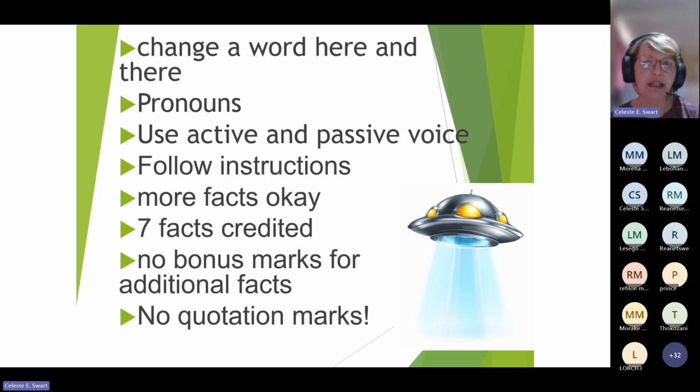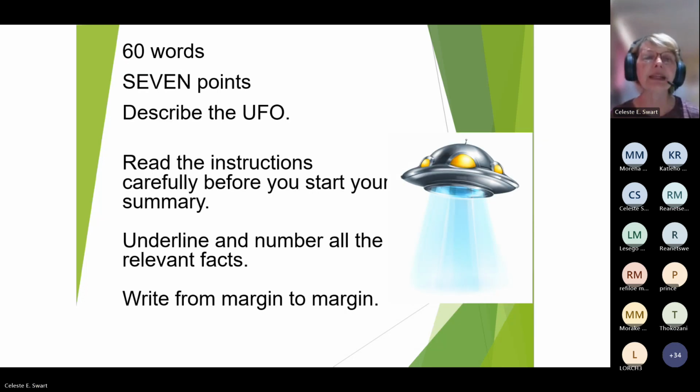In other words, only 7 facts will be awarded marks. There are no bonus marks for additional facts, but it does help you if you have repeated anything. Please remember as well, we do not use quotation marks, even if you lift directly. It won't make the matter any better.